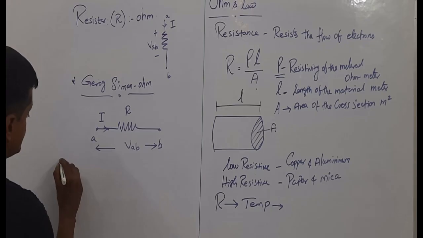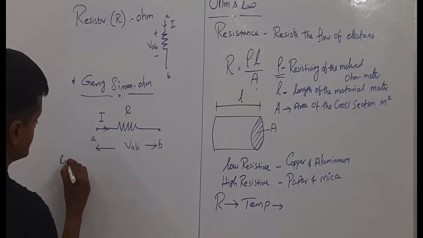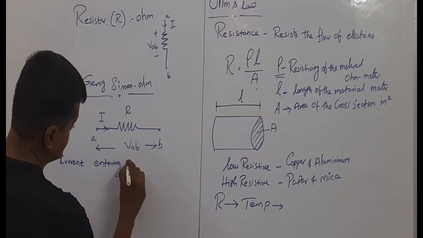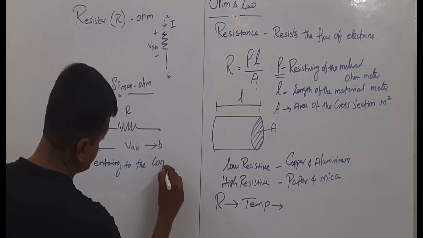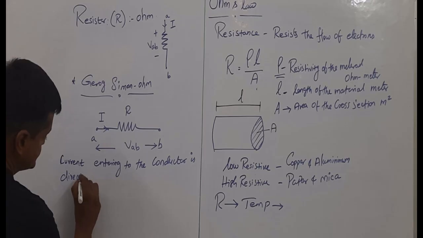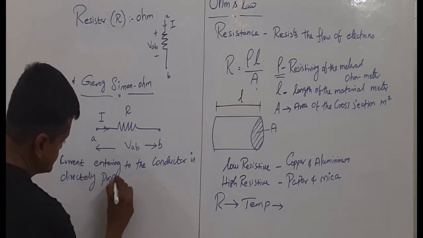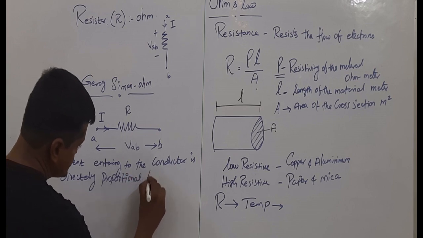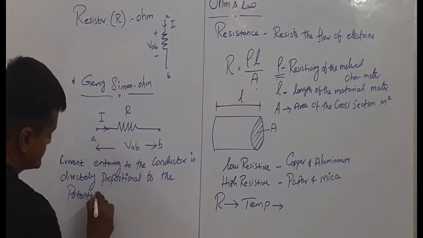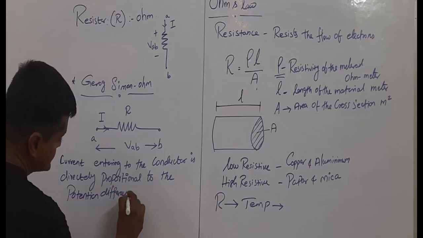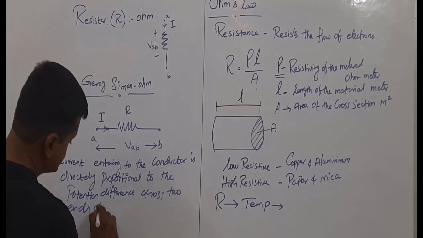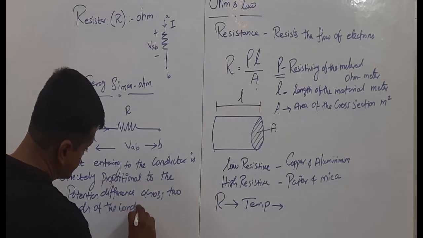Okay, so definition: current entering the conductor is directly proportional to the potential difference across the two ends of the conductor.